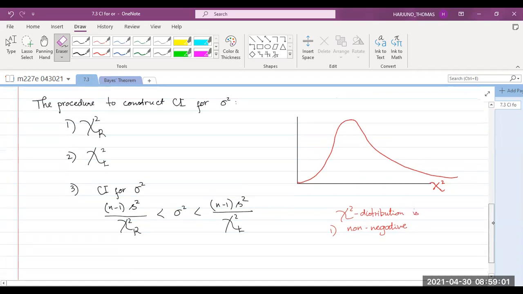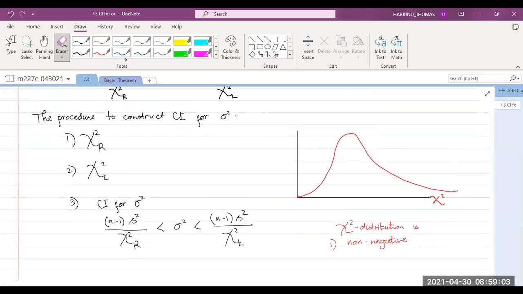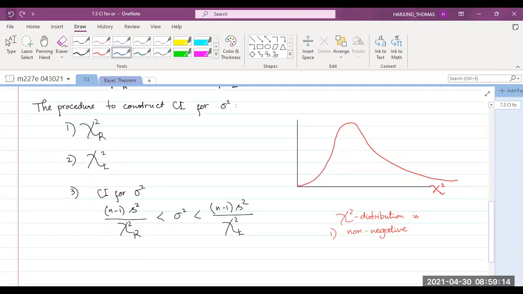It is skewed to the right, so it looks like this, but the right tail is being pulled to the right. That's non-negative, and second, it is skewed to the right.